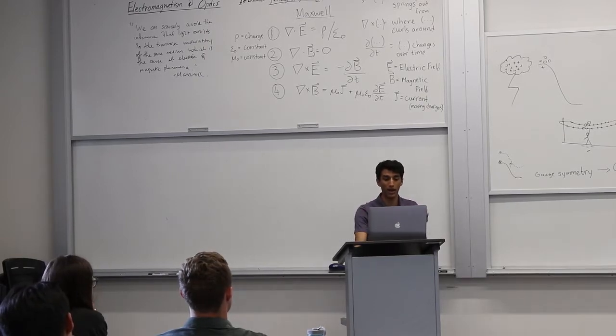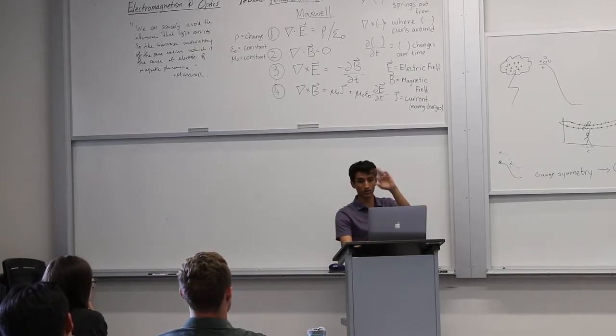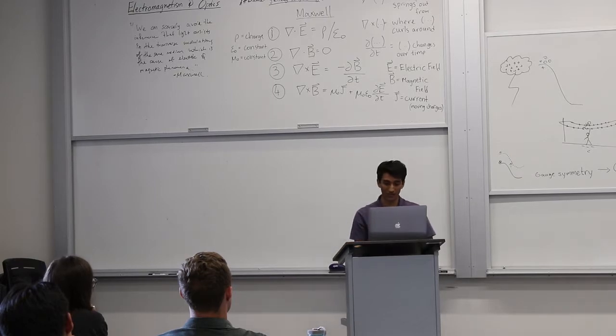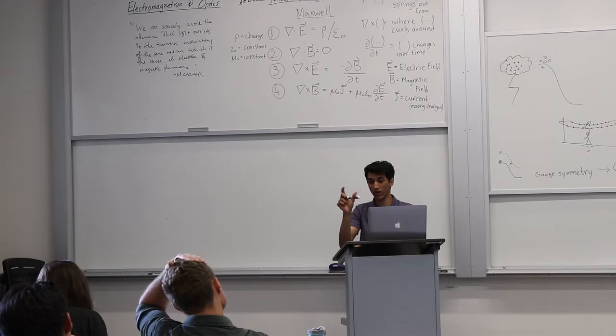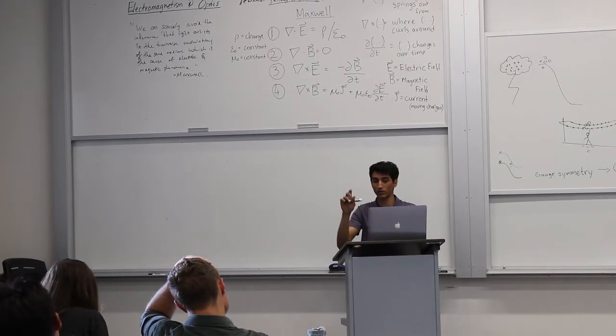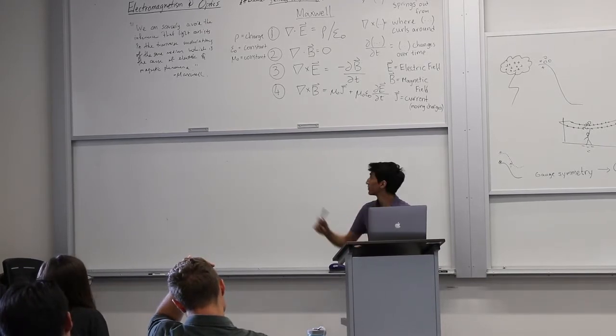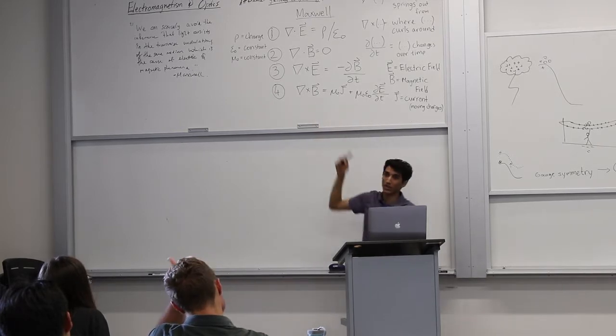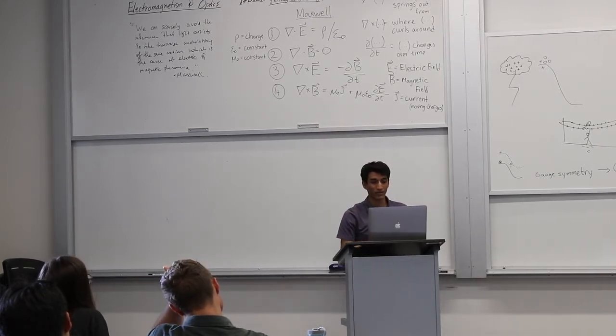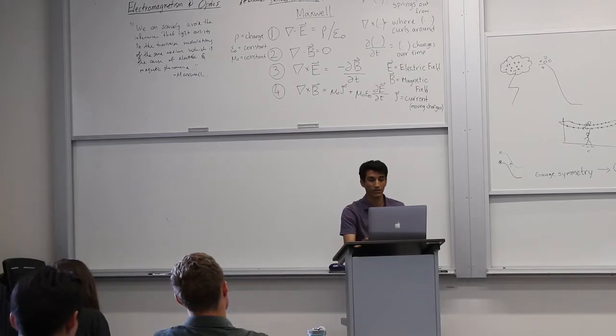And I'm going to hand-wavingly say that a changing magnetic field will twist the magnetic field, right? And that twisting of the magnetic field then creates a change in the electric field. It starts changing the electric field.